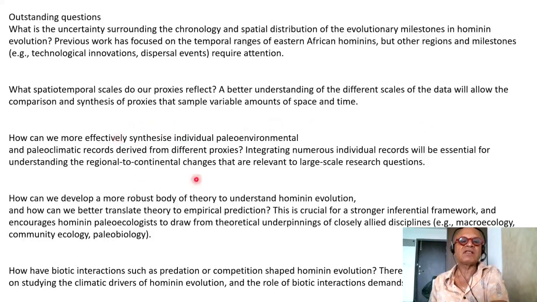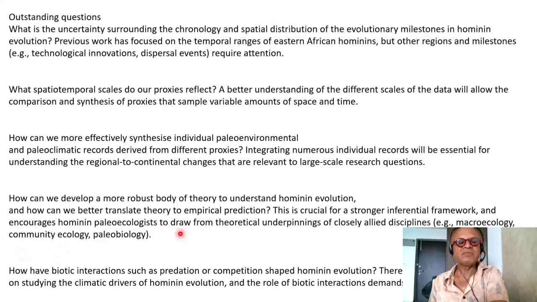How can we more effectively synthesize individual paleoenvironmental and paleoclimatic records derived from different proxies? Integrating numerous individual records will be essential for understanding the regional to continental changes that are relevant to large-scale research questions. Kind of broad, open questions.